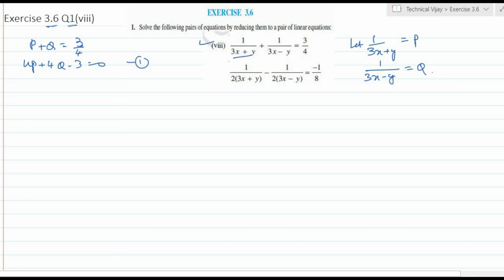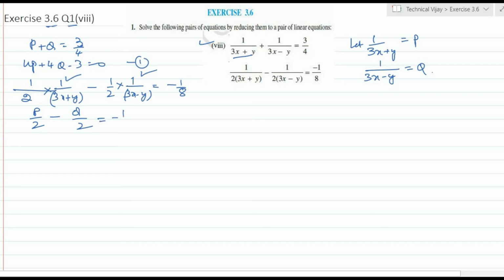So second one, see 1 divided by 2 into 1 divided by 3x plus y, we can write like this. So minus 1 by 2 into 1 divided by 3x minus y, like this we can write. So this is equal to minus 1 by 8. Okay, this we will substitute for p, this will be q. So 1 by 2 p, that is p by 2, minus q by 2, is equal to minus 1 by 8.